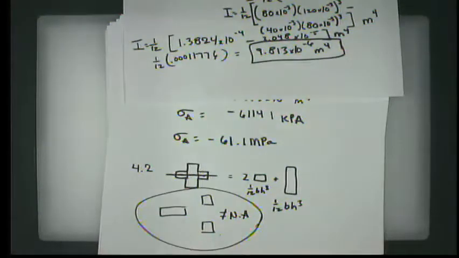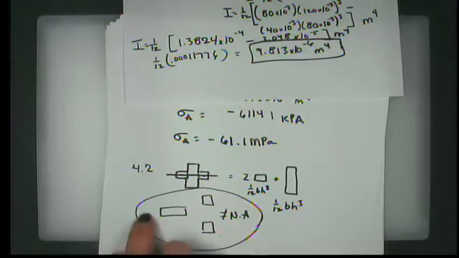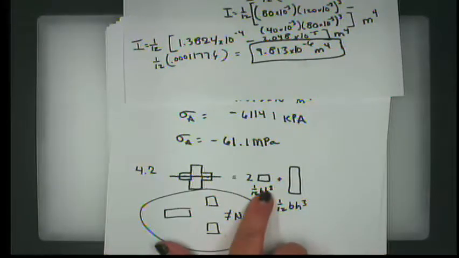You may remember, if you've had statics, there is an axiom called the parallel axis theorem, and the parallel axis theorem would allow you to find the moment of inertia using this. However, it's impractical when you can just do it like this, since you have the same neutral axis.